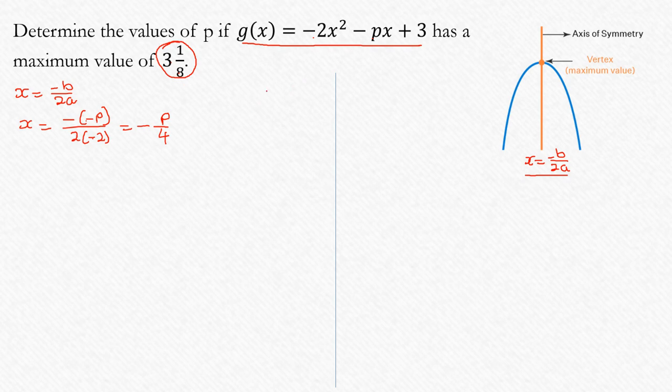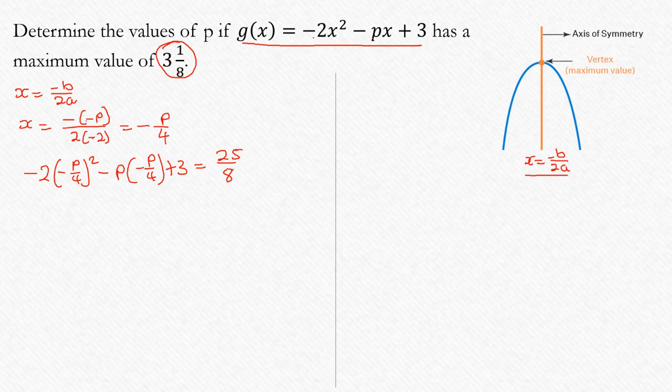Let's substitute negative p over 4 into the equation and equate it to this y value. So it becomes negative 2 times negative p over 4 squared, minus p times negative p over 4, plus 3, is equal to, right, this is a mixed number, so we have to convert it to an improper fraction. 8 times 3 is 24, 24 plus 1 is 25, so this is 25 over 8.